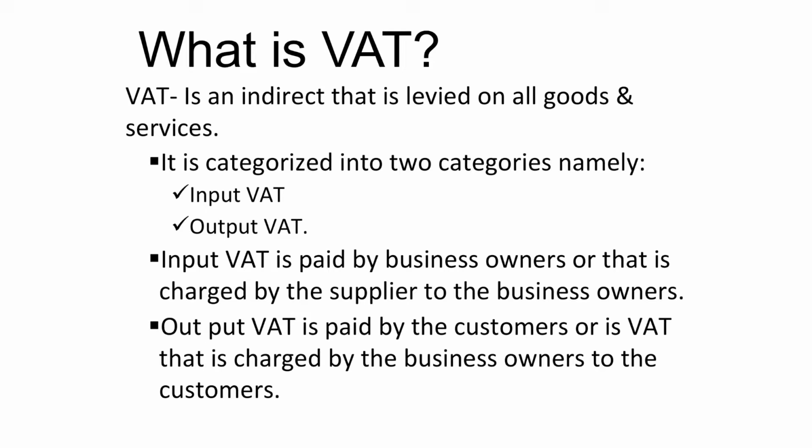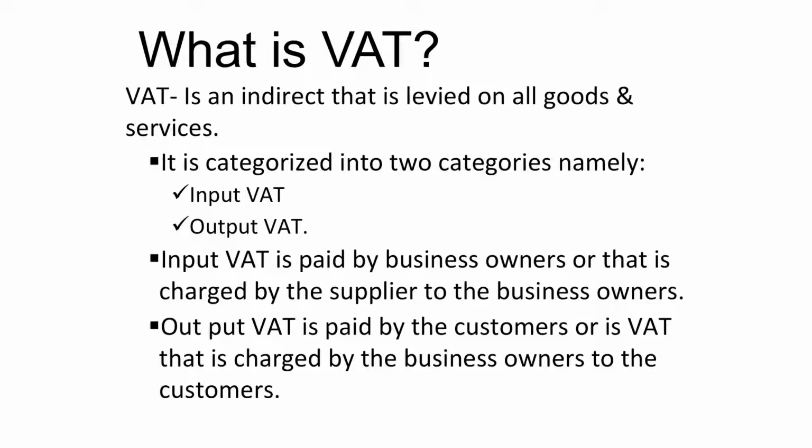Then the output VAT is a VAT that is paid by the customers. We can also say the output VAT is a VAT that is charged by the business owner to the customers.